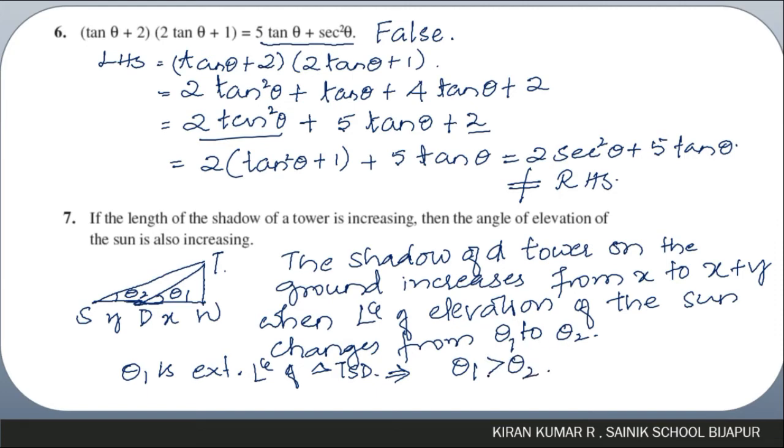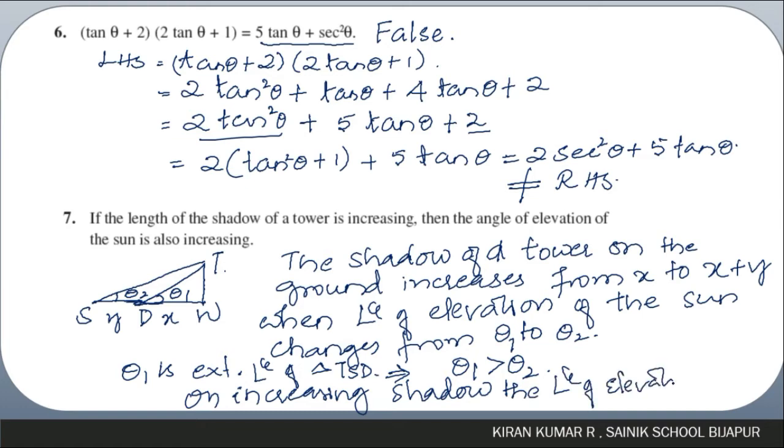Since theta 1 is larger than theta 2, on increasing the length of the shadow, the angle of elevation is getting decreased. So this particular statement is a false statement. They have given that the angle of elevation increases, but actually the angle of elevation is getting decreased.